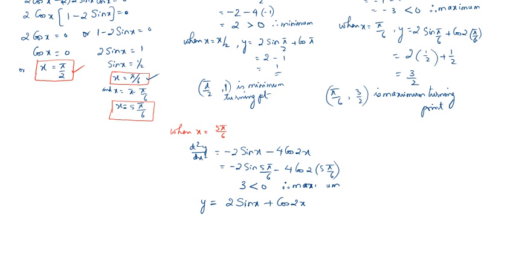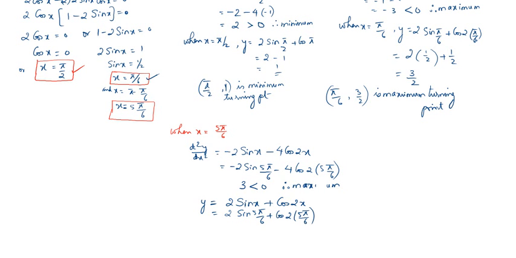So this is equal to 2 sin 5 pi by 6 plus cos 2 into 5 pi by 6.